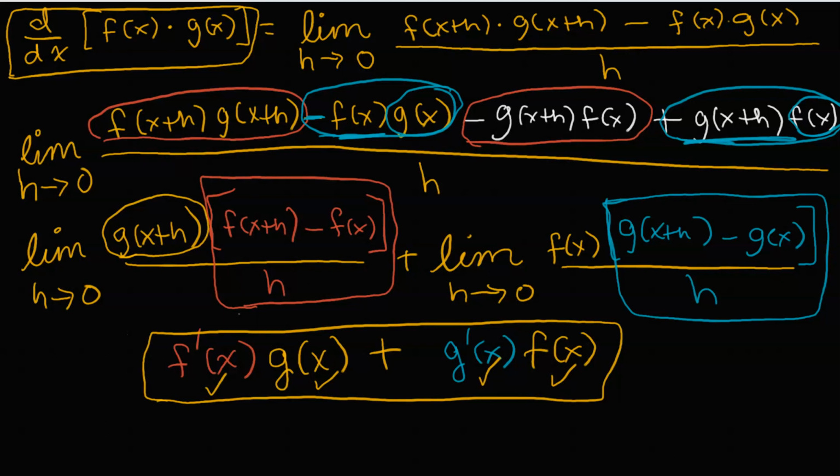Okay, now in order to do some application of this, let's take a look at this example here, where we are only going to be using polynomials, because we all know how to take the derivative of a polynomial.